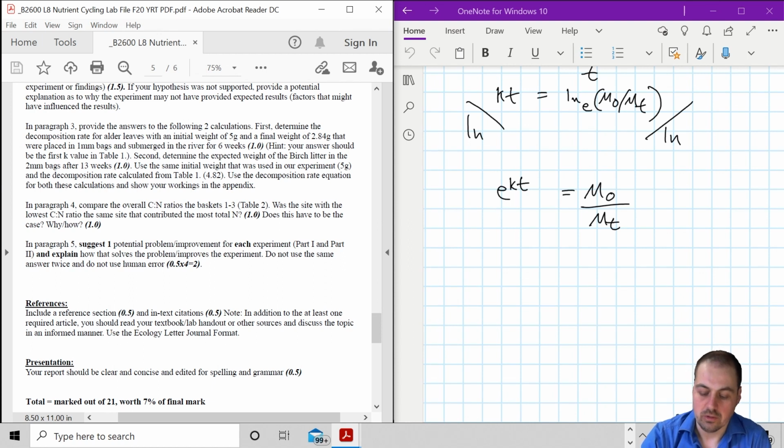You just bring your MT over, which is multiplied by e to the kT equals M0. Divide both sides by e to the kT. So MT equals M0 divided by e to the kT.